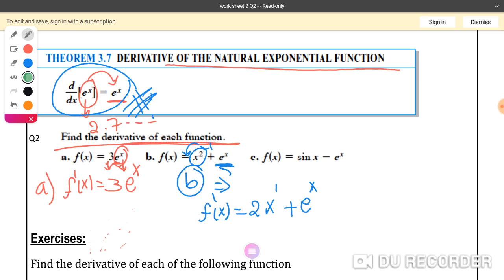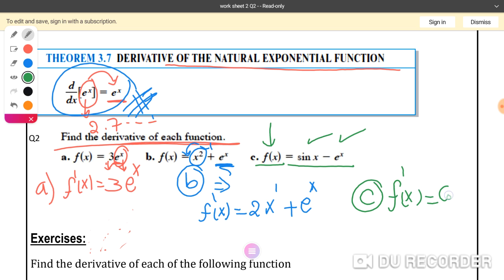For part C, what is the derivative of this function? f prime. Find the derivative of the left-hand side and the right-hand side. Before I find the derivative, do I need to rewrite this function? No, it is ready to apply the rule of the derivative of sine or cosine, by applying theorem 3.7. So, what is the derivative of sine?